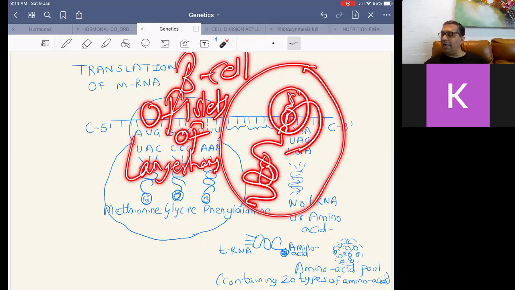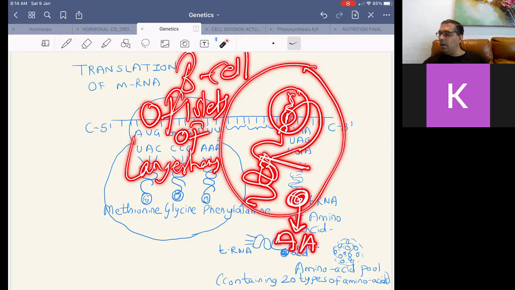In the ribosome you have mRNA with a specific sequence, and that sequence of codons will attract amino acids from the amino acid pool, with tRNAs transferring amino acids into the ribosome.